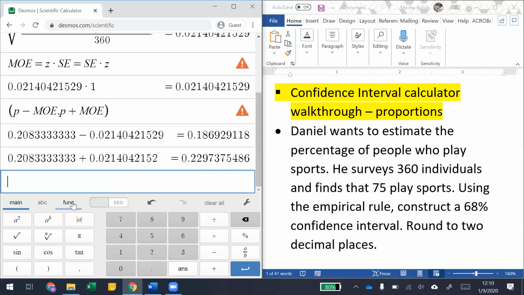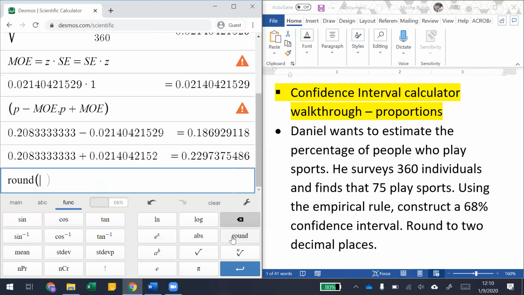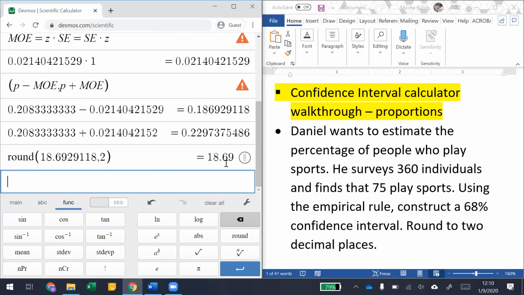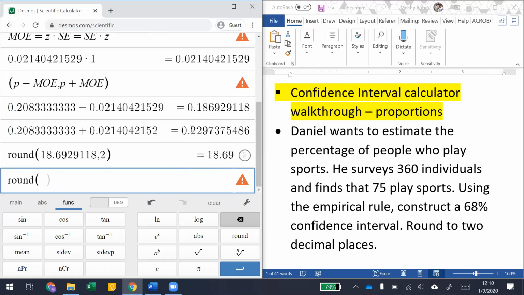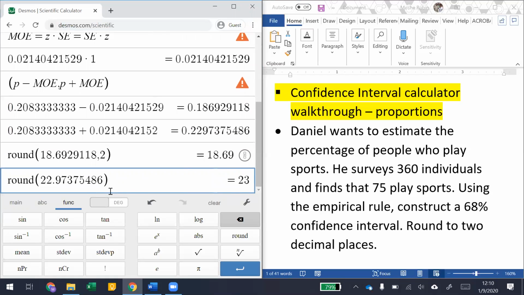So when I round these, I want to first turn them into percents, and say I'm going to round 18.6929118 to 2 decimal places. And then when I do my other bound, I don't want to round just this number. I want to first turn it into a percent, which would be 22.97 and so on percent. And I'll put a 2 here for 2 decimal places.